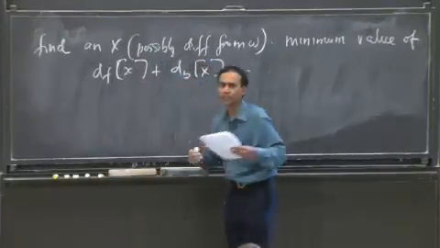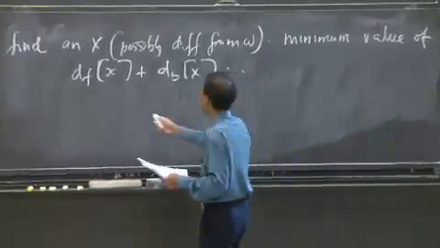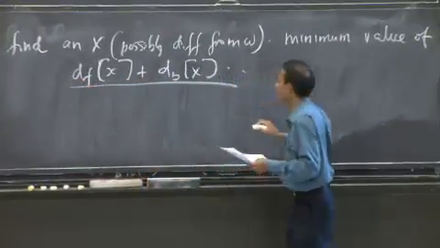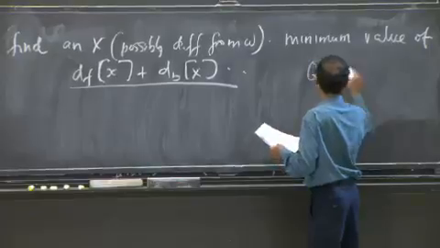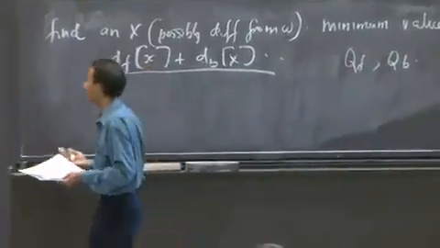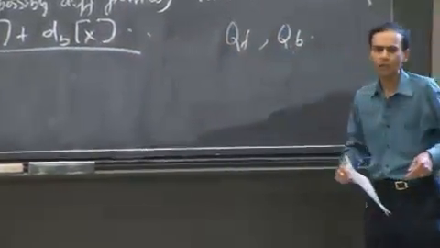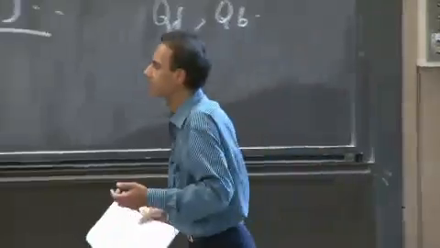So we have to actually look, and this x is going to be neighboring, but we don't really need to specify that. We're going to have to look at Qf and Qb, and it's possible that w is the one that has minimum df w plus db w. But clearly that wasn't the case in this example.